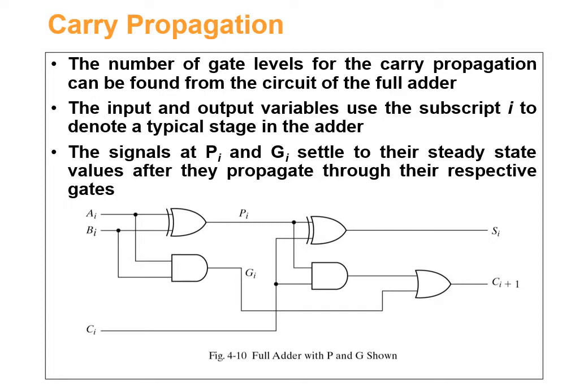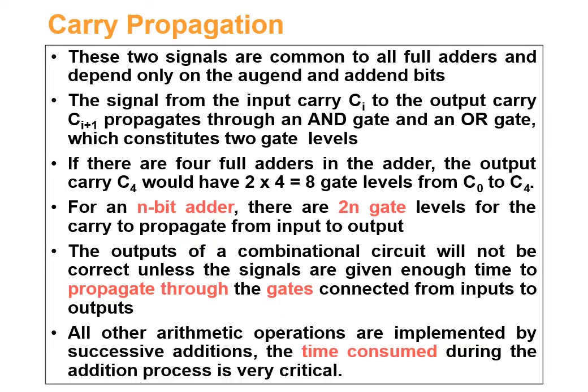The signals at Pi and Gi settle to their steady state values after they propagate through their respective gates.